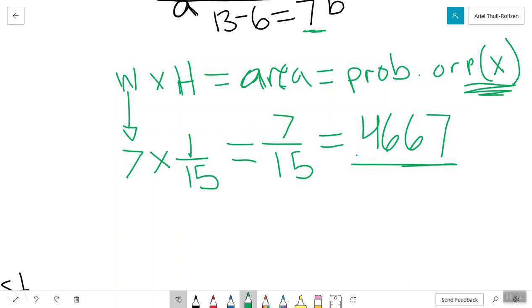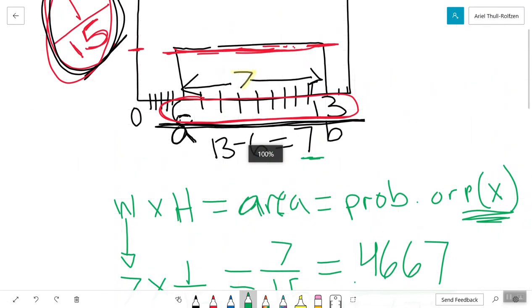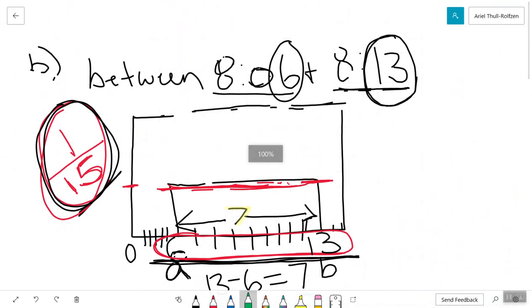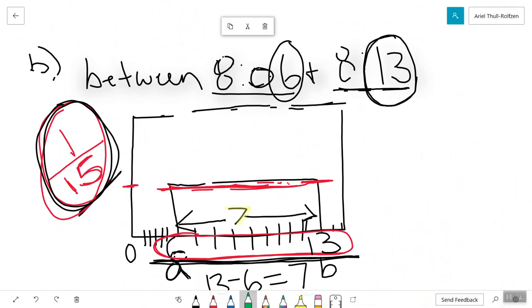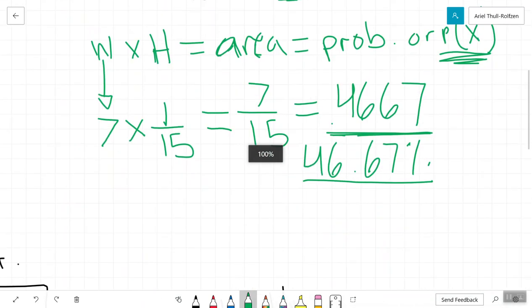What this means, I can convert this number to a percentage and say, okay, this is 46.67%. There's a 46.67% chance that the train is going to arrive between 6 and 13 minutes late, or between 8:06 and 8:13.